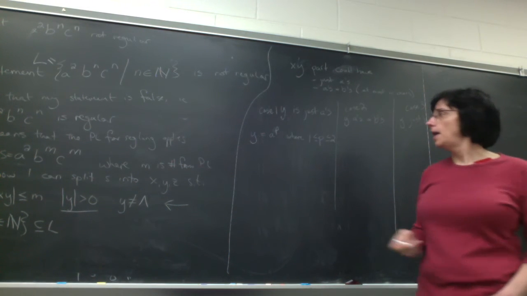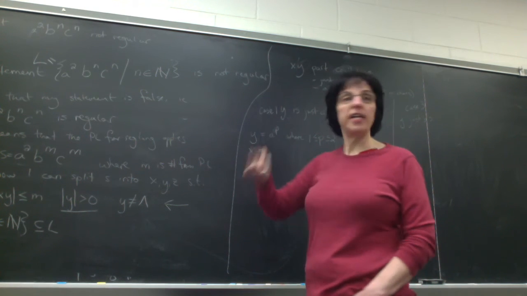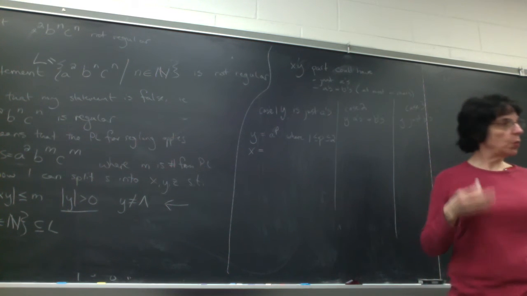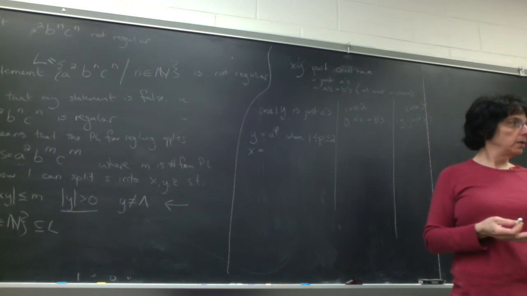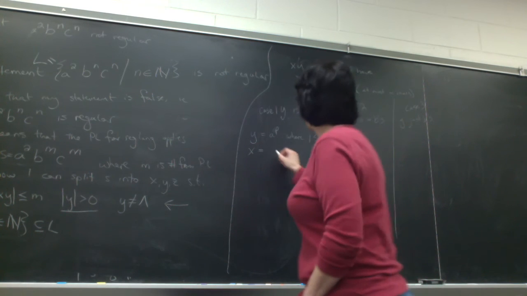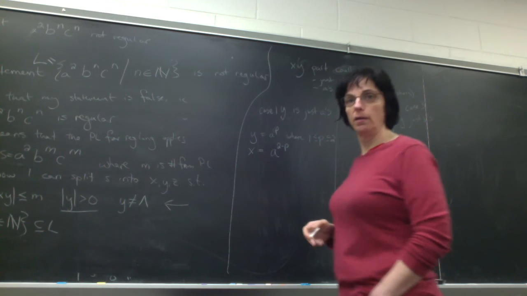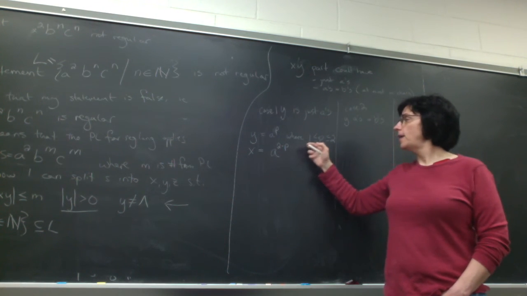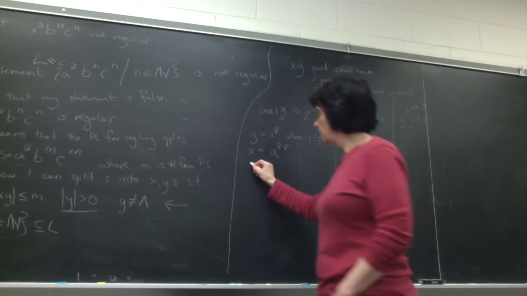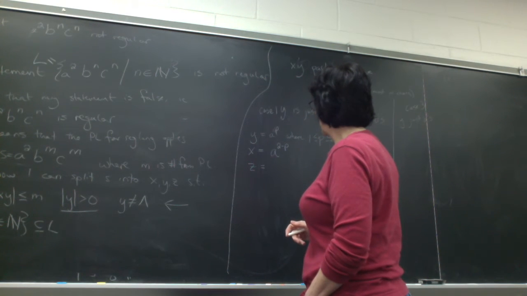And so x is going to be whatever a's came before that, right? If y is 1 a, how many a's is x? 1. If y is 2 a's, how many a's is x? 0. So x is going to be a to the 2 minus p, for whatever that p is. And z is going to be, oh, is that true?